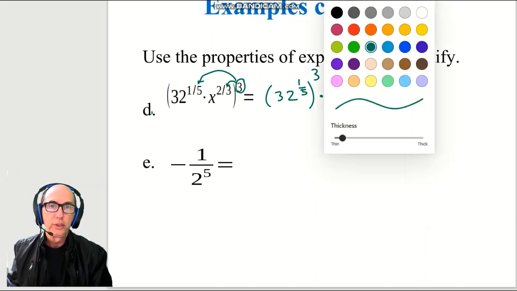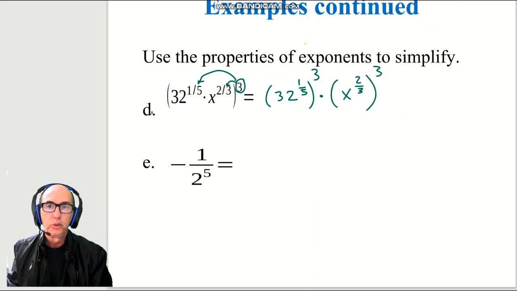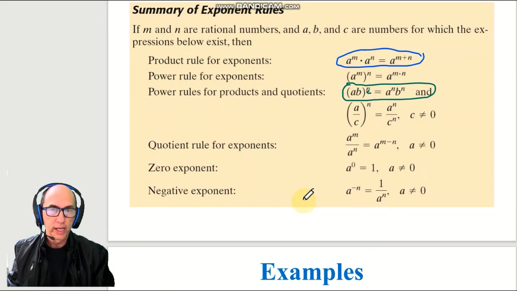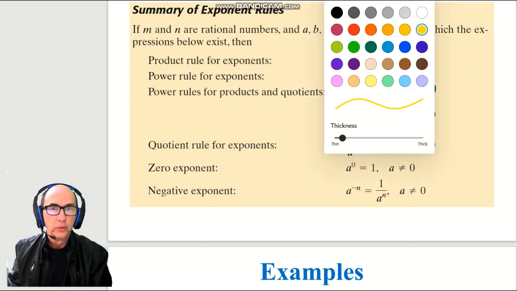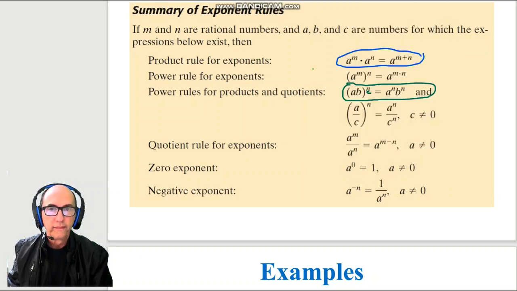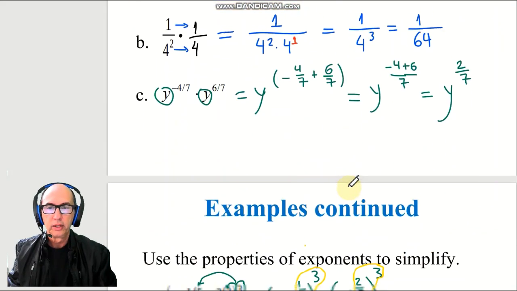And now for each one of the factors, we multiply the powers. We have a rule for that as well. Look, if you have a to the power of m, and that to the power of n, it's the same thing as a to the power of m times n.